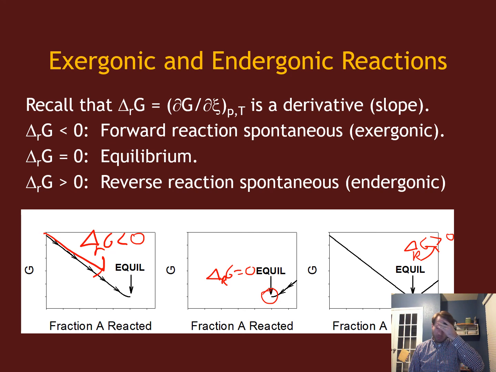Now we'll talk more about this in future videos, but I want to emphasize that this isn't saying that the free energy change for a reaction that we typically think of in chemistry is 0 for every reaction at equilibrium.